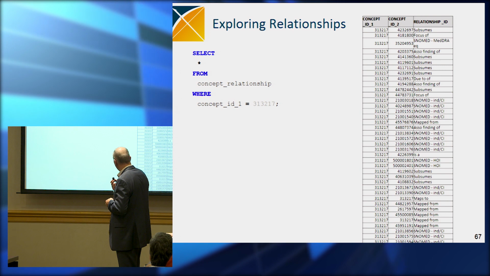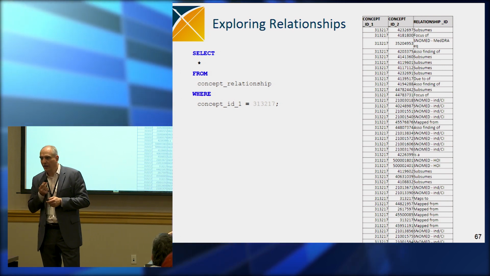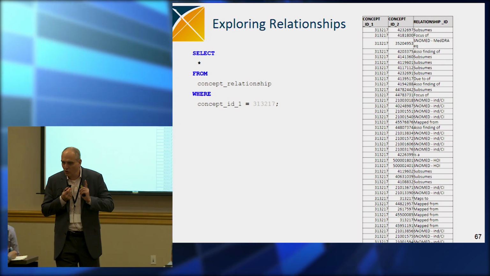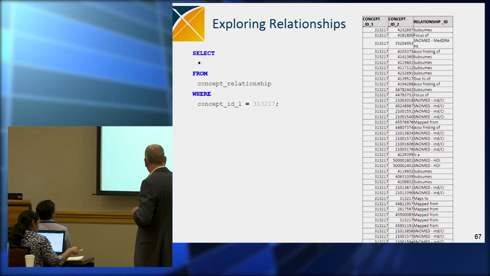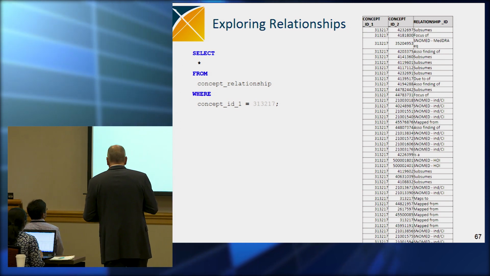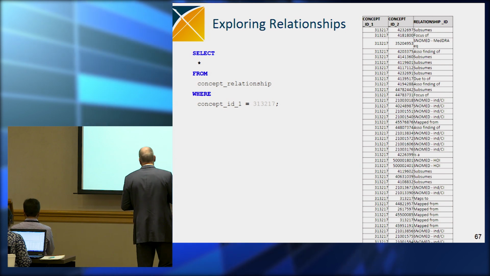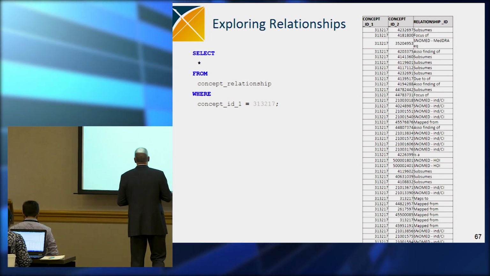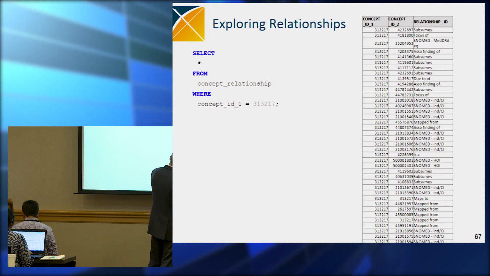So let's get all the relationships that atrial fibrillation, the SNOMED concept, has. What do you do? You query the concept relationship table and set the concept ID 1 to 313217. So concept ID is always the same, atrial fibrillation.